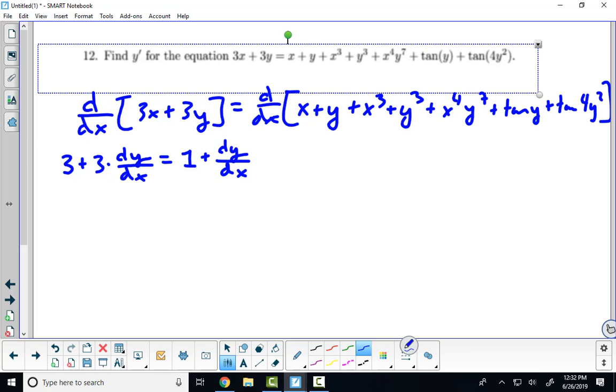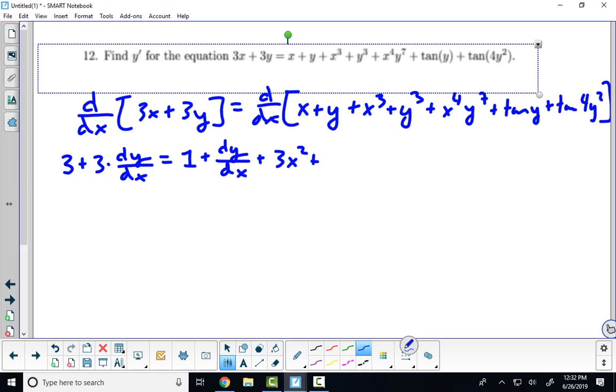What is the derivative of something cubed? It's 3 times that something squared. So the derivative of x cubed is 3x squared, and then there's a times dx dx, but dx dx is just 1. But what about this one? What is the derivative of y cubed? Everyone write it out. Max, what'd you get?